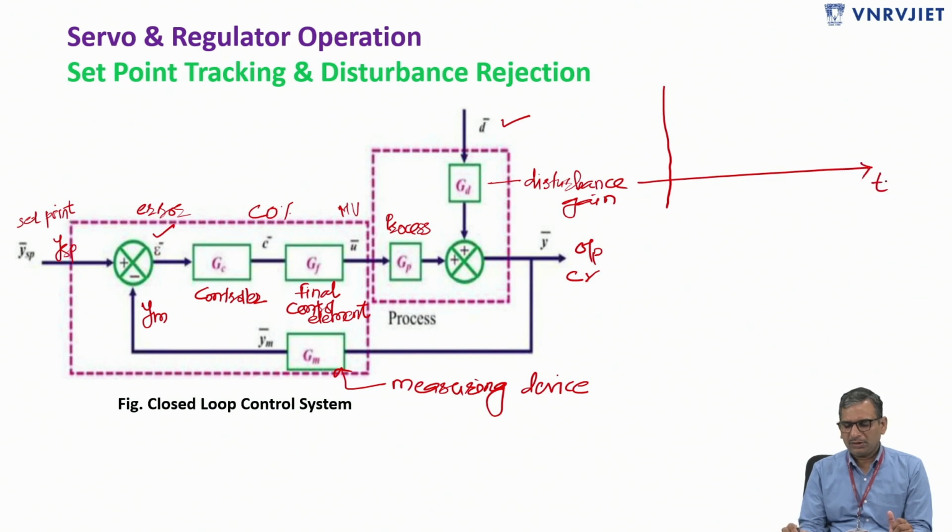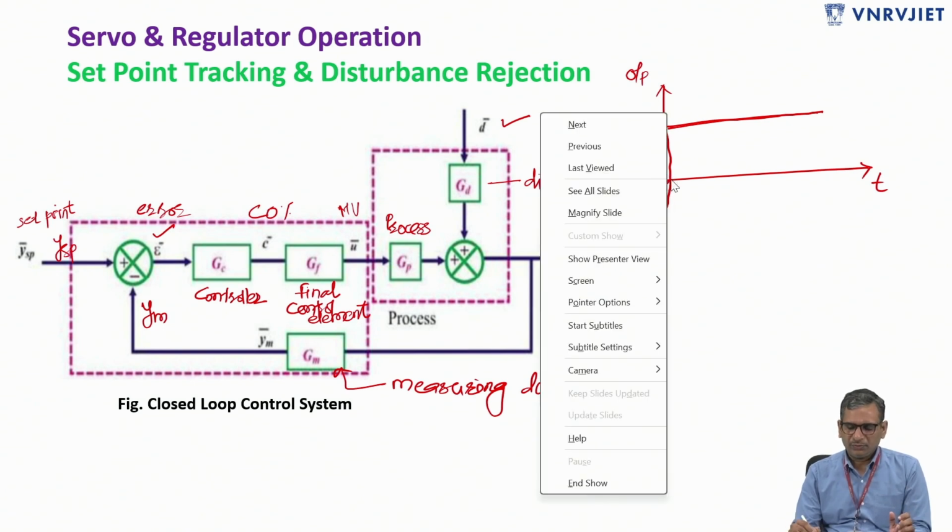we'll plot a response. So consider we are giving some set point. For example, I have given here a set point, right? Now for the set point, what is the expectation from a controller? We know that in control systems the controller should change the output such that it will reach the set point variable.